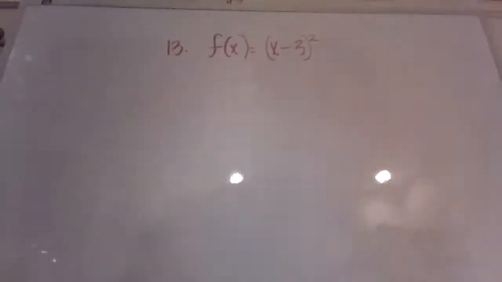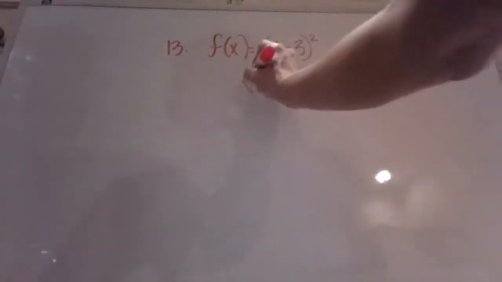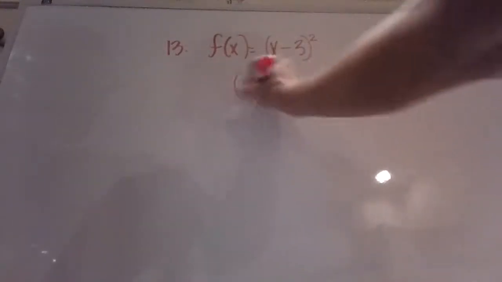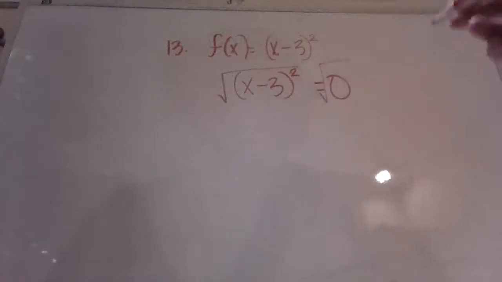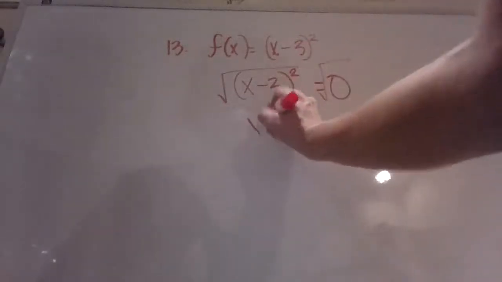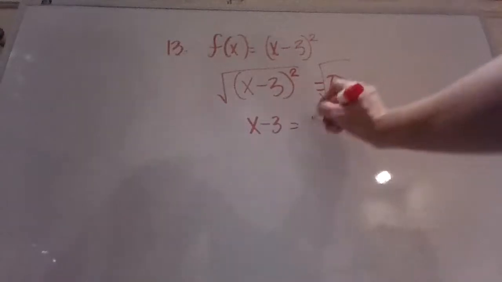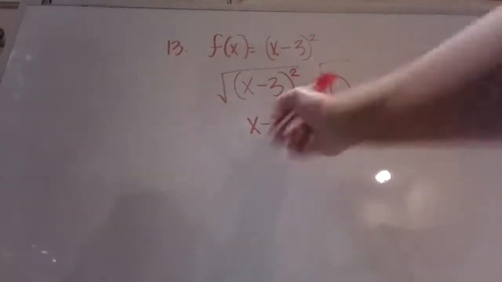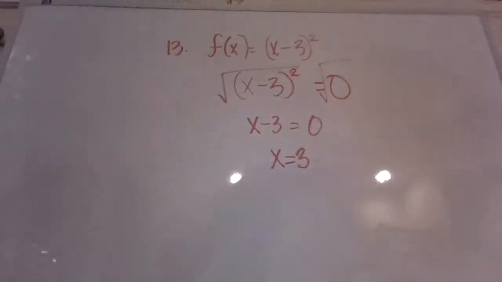Now, we just have to set it equal to 0. (x minus 3) squared equals 0. I have to find the square root of each side. And I get x minus 3 equals, what's the square root of 0? Well, that's 0. Now I can solve by adding 3 to each side, so it's just x equals 3.